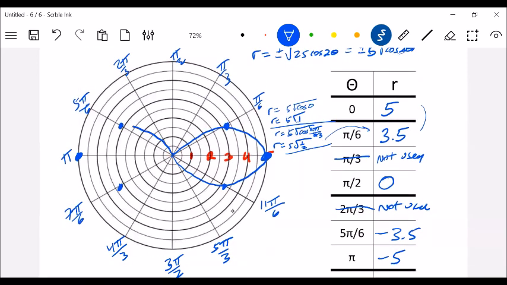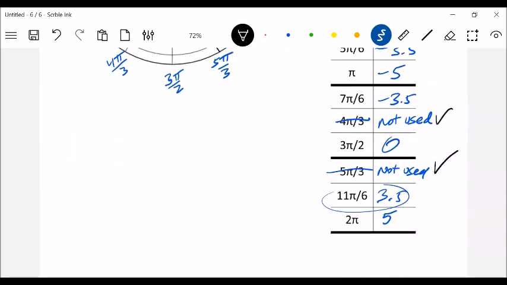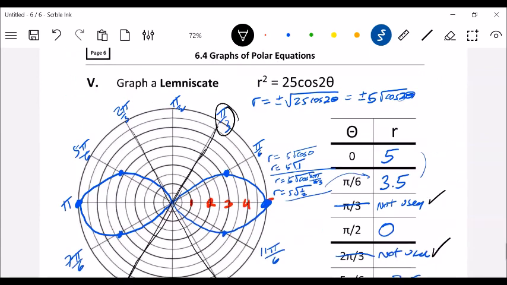So this one's here. What you actually see is at pi over 3, there is nothing along the line anywhere. And the same with 2 pi over 3 and 5 pi over 3, which is why those are not used.